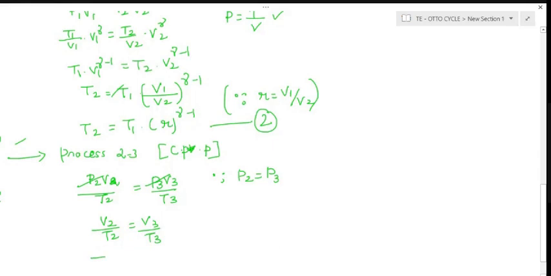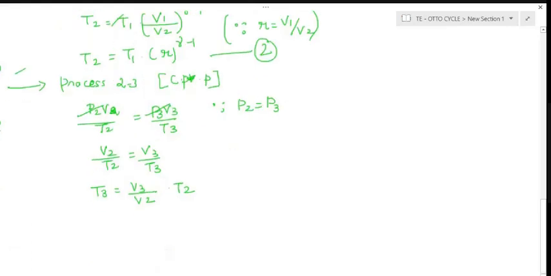From that we get T3 equal to V3 divided by V2 into T2. V3 by V2 is the new term we introduced at the start of the section, the cutoff ratio, rho. So you can substitute the cutoff ratio.